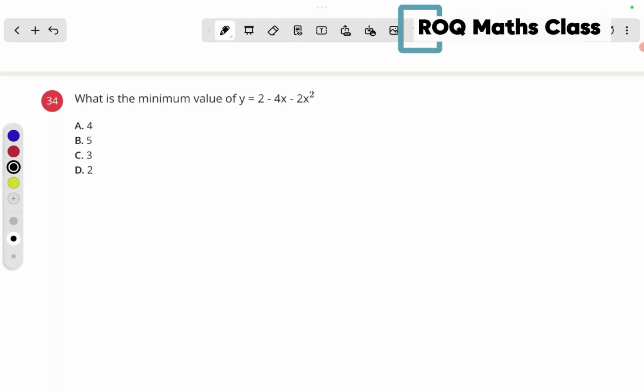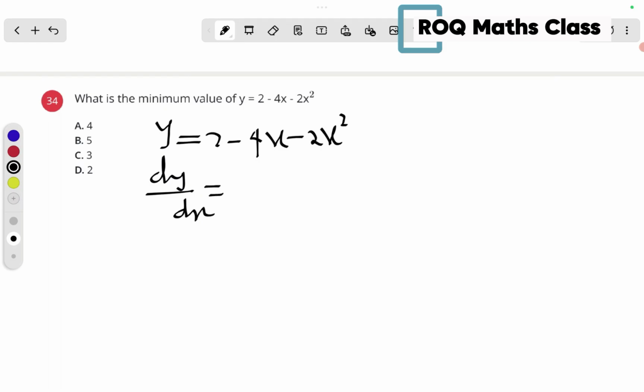We have y equals 2 minus 4x minus 2x squared. So we have to find dy over dx, in which we are going to have these two return to 0. We are going to have minus 4x equals 0.